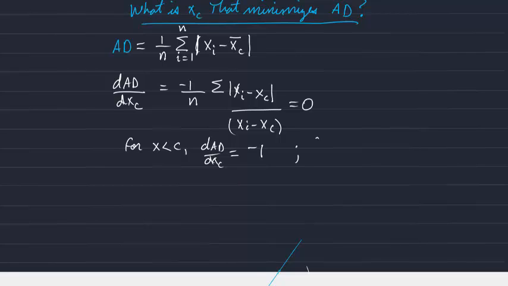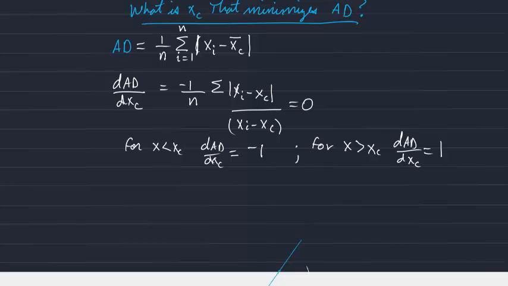For x greater than xc, the derivative is equal to positive 1, right? So we want to find the value of xc that gives a 0 if we sum everything. So we want xc for which half of the values give a minus 1 and half of the values give a positive 1.